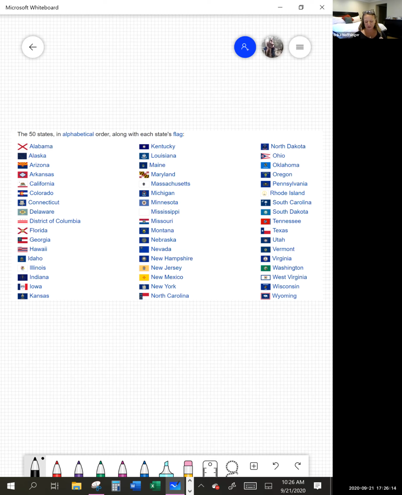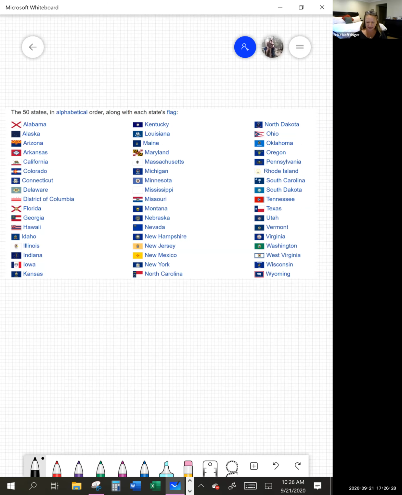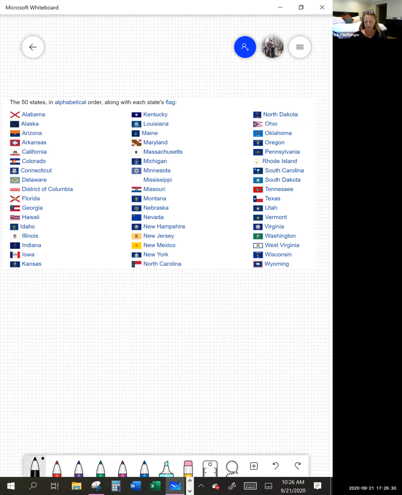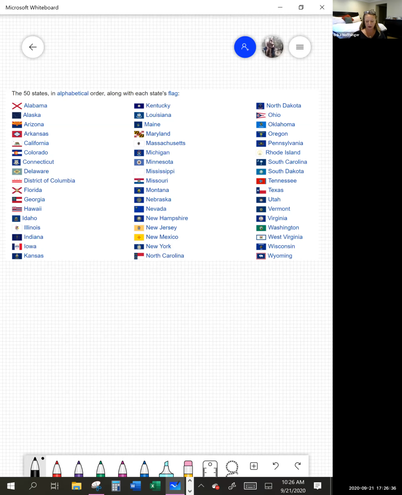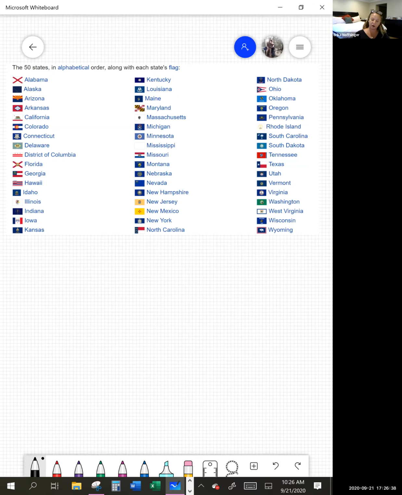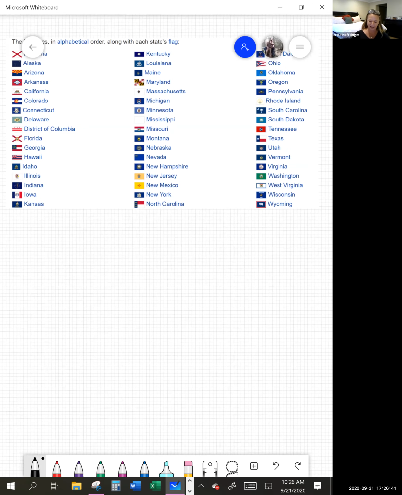Figure out the population of that state and figure out how many electoral college votes they should have versus the population of the whole United States. Come up with a number you think would be good, and then do some research and find out how many electoral votes that state actually has.